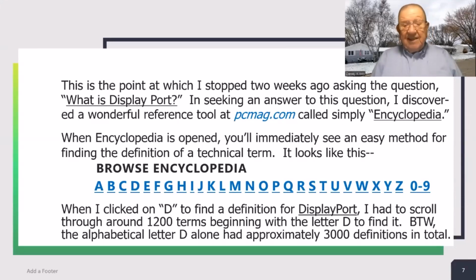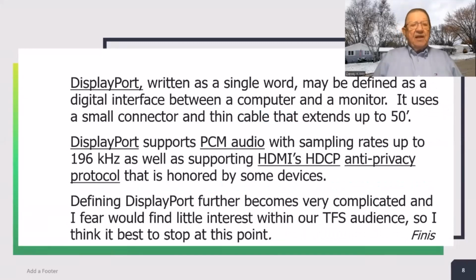When I clicked on D to find a definition for DisplayPort, I had to scroll through around 1,200 terms beginning with the letter D to find it. And by the way, the alphabetical letter D alone had approximately 3,000 definitions in total. This is an amazing encyclopedia.